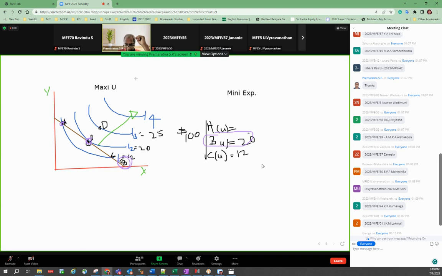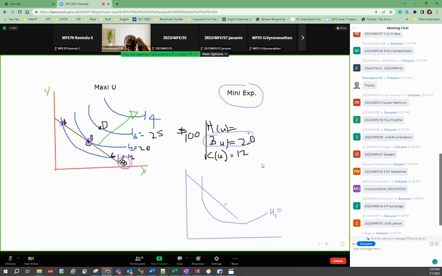The second analysis is what we get by minimizing expenditure given a level of consumption, a level of satisfaction. So, let's say the government or you decide this year your satisfaction level, you reach this amount of indifference curve.